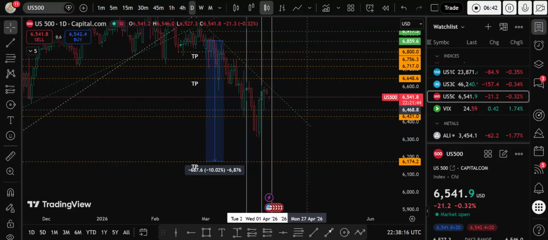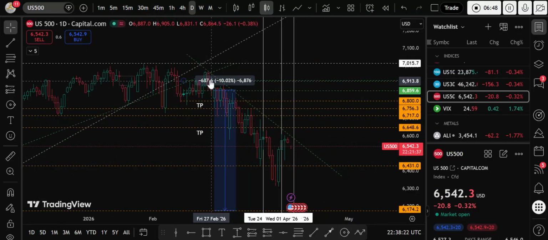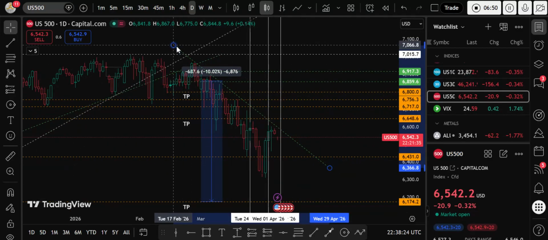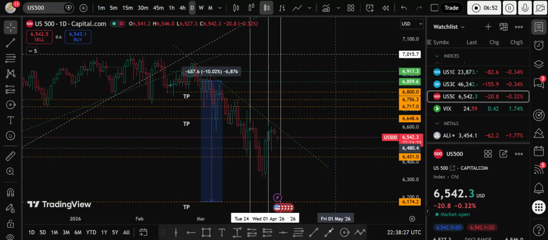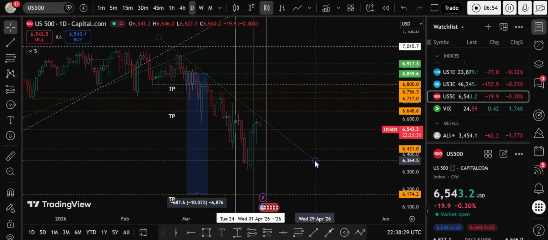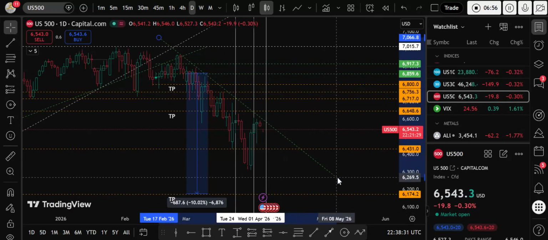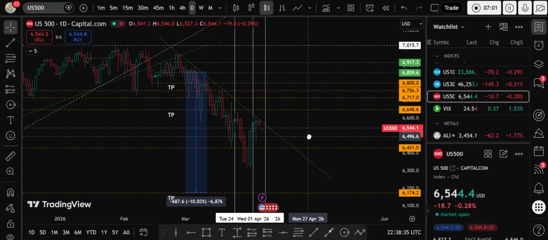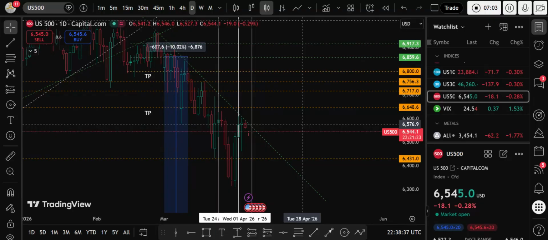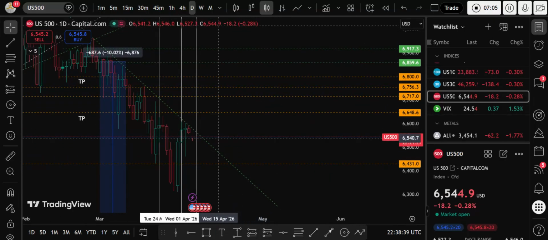When you see that it crosses this trend line, that's when you prepare yourself for a trade. So right now, I'm waiting for it. I know it will hold a little bit more.